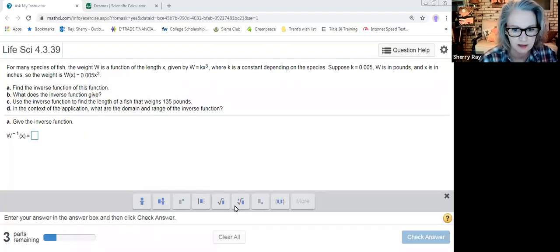And so I'm going to go back to my problem here. So I have cube root, and here's my little deal I need to click on.